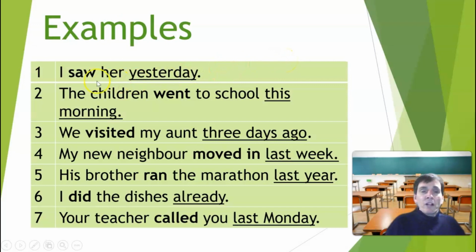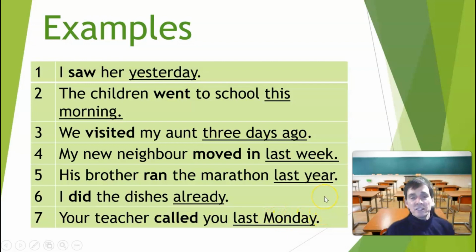Okay, so for example, I saw her yesterday. The children went to school this morning. We visited my aunt 3 days ago. My new neighbor moved in last week. His brother ran the marathon last year. I did the dishes already. Your teacher called you last Monday.